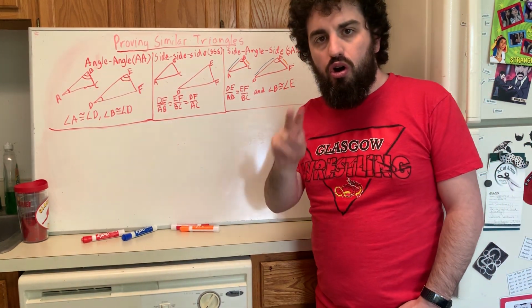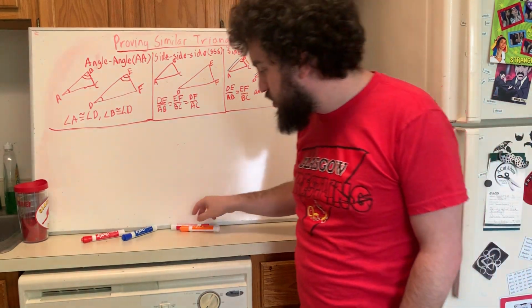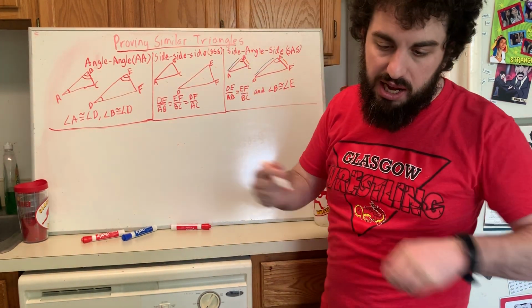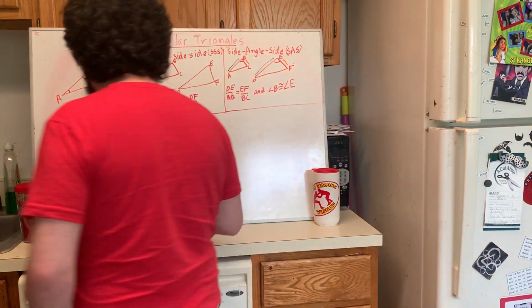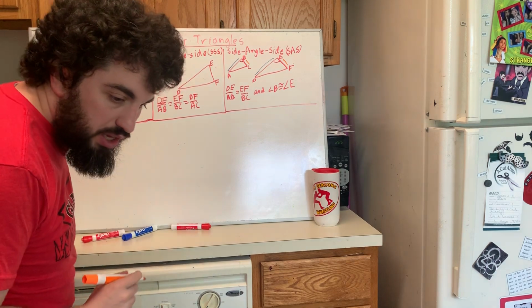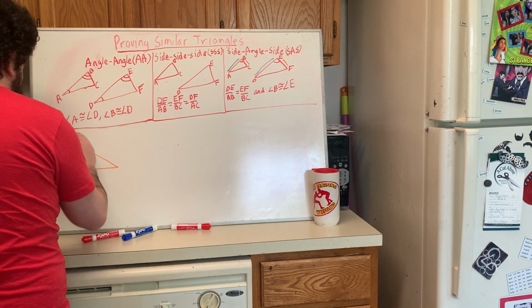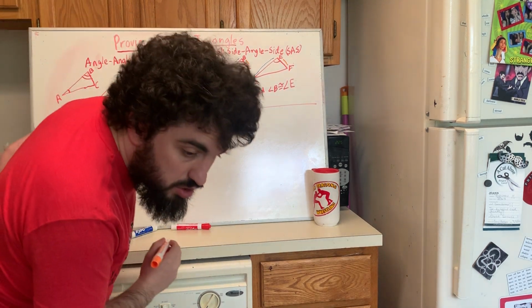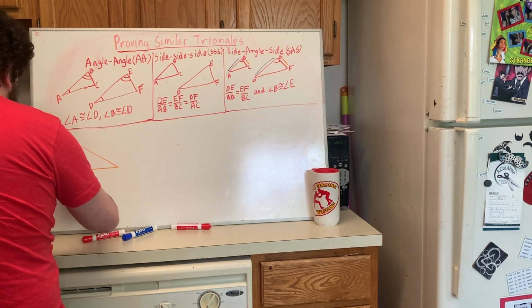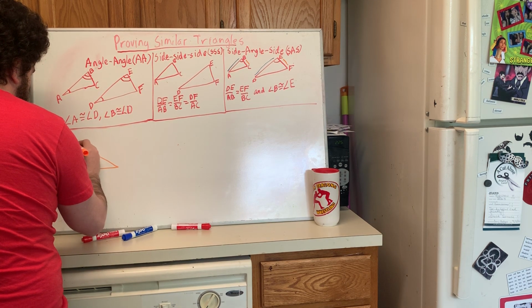So those are our three basic similarities that we're going to learn about. Let's look at some of them in action. I'm going to start with an angle and explain why it is. In this example, I had two triangles here. This is 70 degrees, and this is 33 degrees.